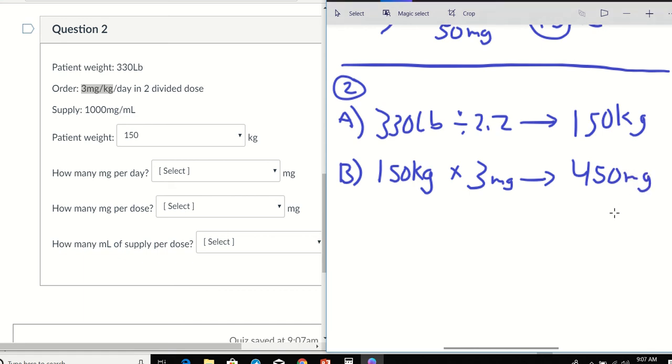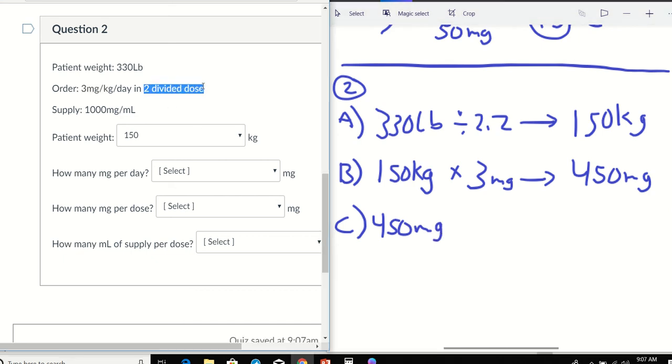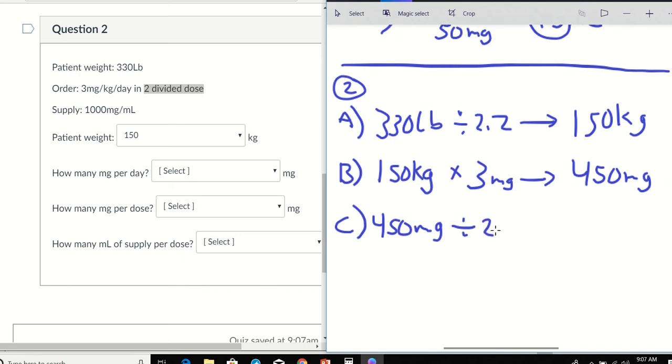So the patient will require 450 milligrams per day, but we're not going to give it to them all at once. We're going to give it to them in 2 divided doses. So just what it tells you to do, divide that by 2 doses. And that's going to give you your per dose amount, which is 225 milligrams.